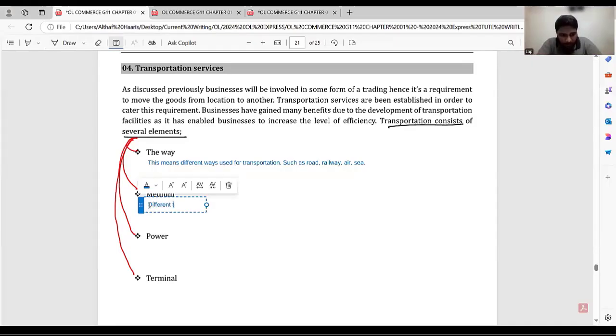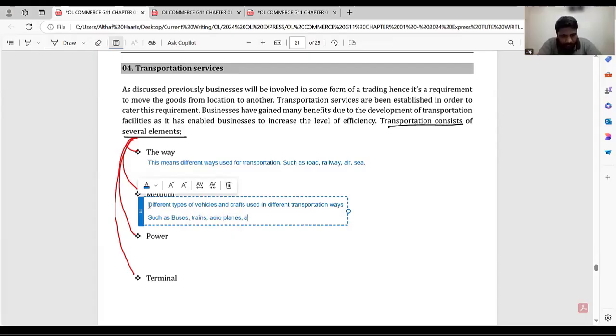Different types of vehicles and crafts used in different transportation ways, such as buses, trains, aeroplanes, ships.